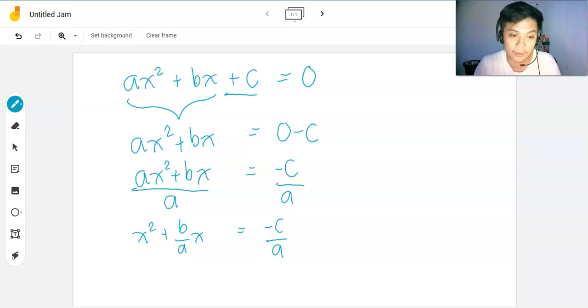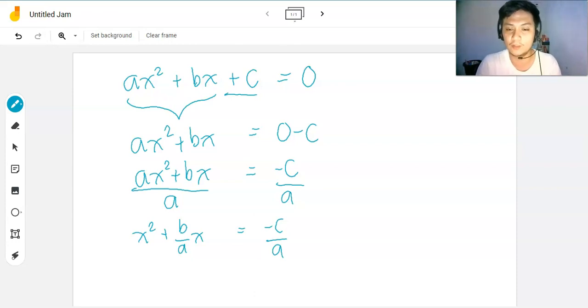So, ganito yung ating ayos so that we can already see that the coefficient in the linear term is b over a. And then, the next step is to determine what we can add to the left side to make it a perfect square trinomial. And of course, whatever we add to that left side should also be added to the right side.